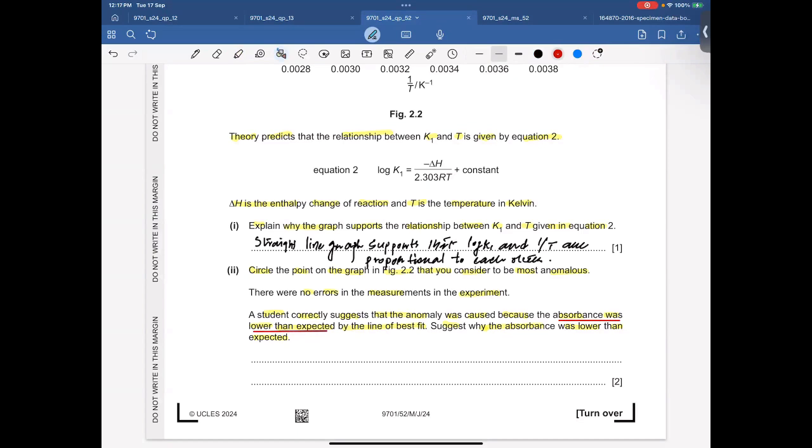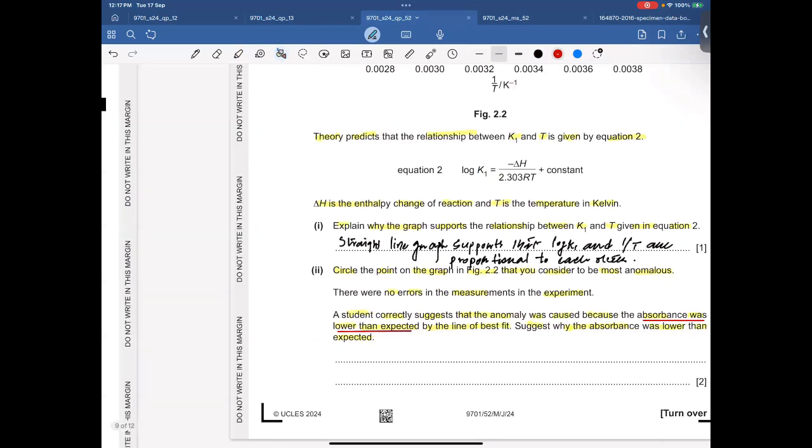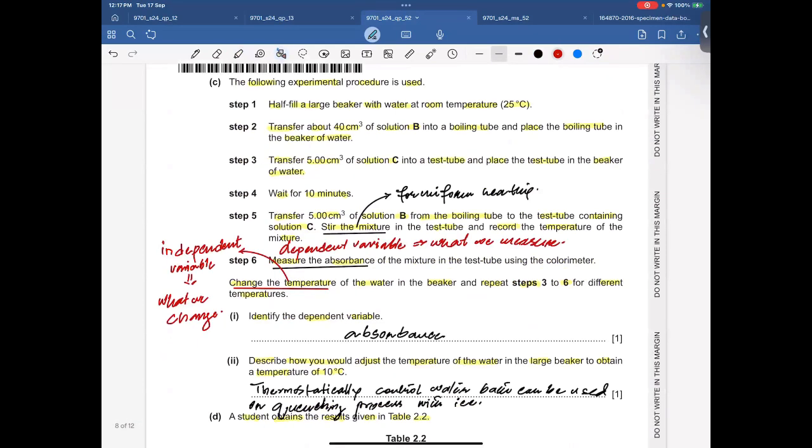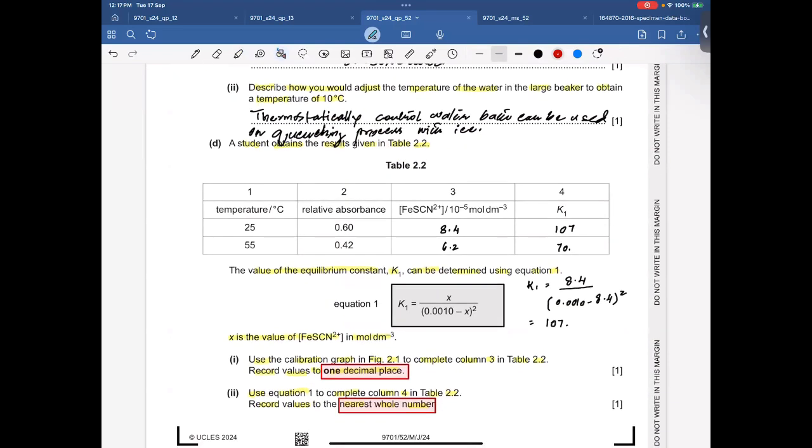So absorbance was lower than expected. If absorbance was lower than expected, then the actual temperature was higher than expected. Because if temperature increases, absorbance decreases, right?